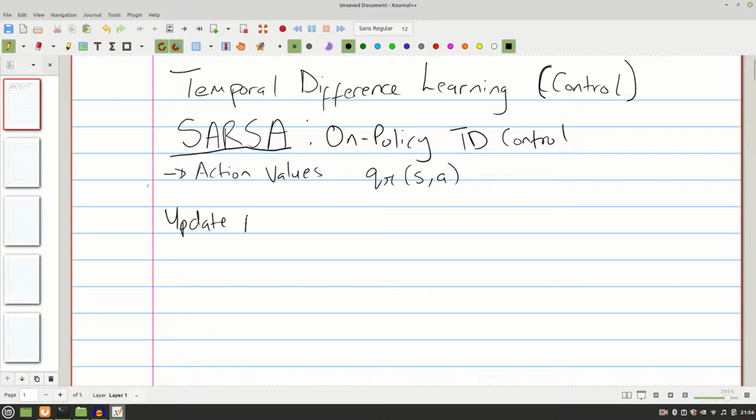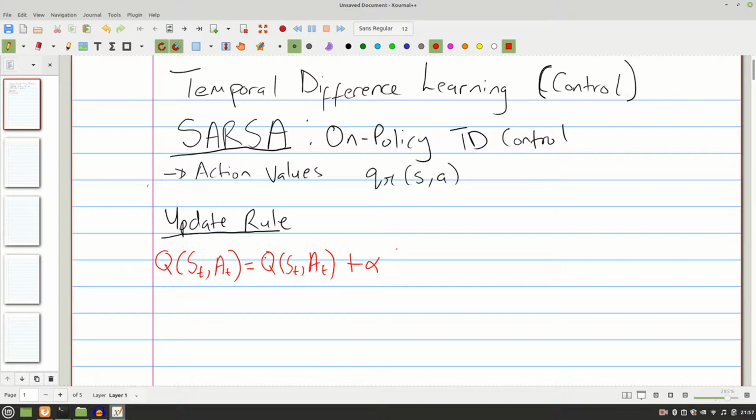This is the SARSA update rule, and we denote it as follows. We say Q of S_t, A_t, the Q value of the state-action pair. How do we find this value? Well, we look at the old value Q of S_t, A_t, and we add alpha.